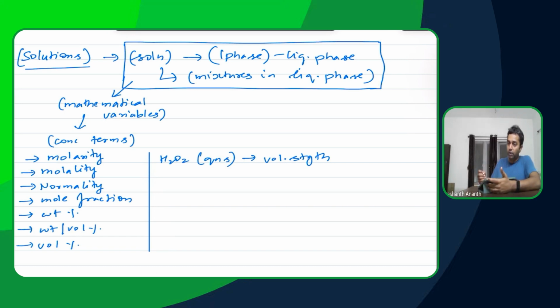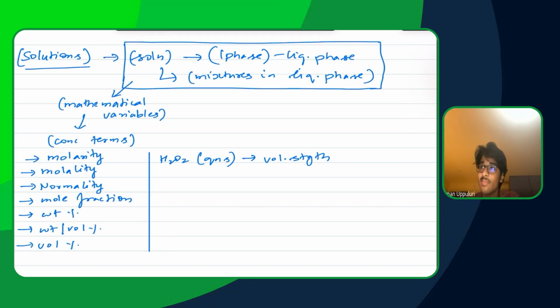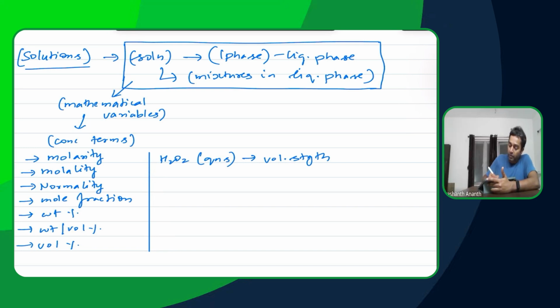So if you don't know how to convert volume strength, you're straight away in trouble there. Next up, the same analysis is applicable for sulfuric acid as well. Basically, oleum, percentage strength. They might play with that. They might give you that particular thing also. You'll have to convert the percentage strength meaningfully into whatever is going to be the concentration.